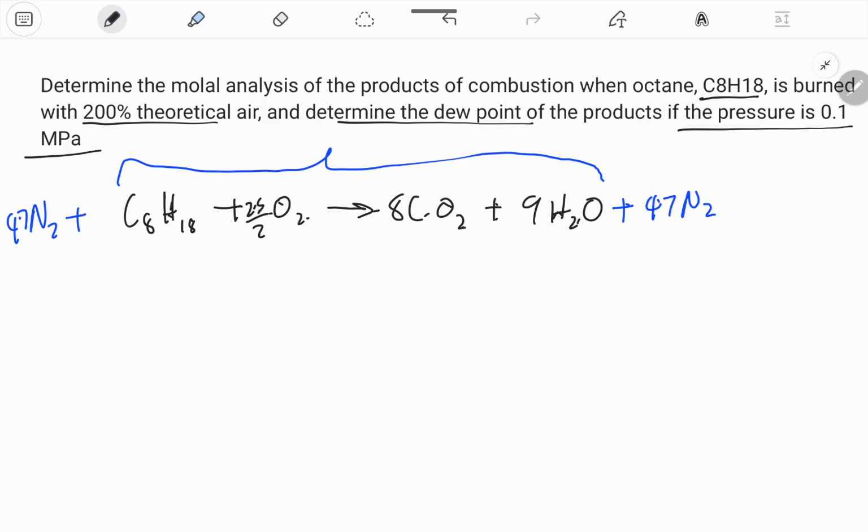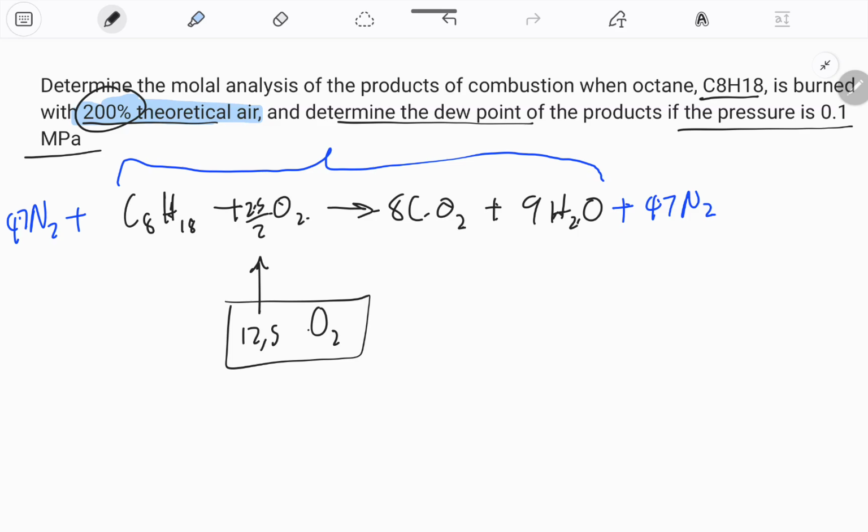So we know that it's given that we have this much air. For the reaction to be fully combusted, it needs 12.5 moles of oxygen. If we're giving it 25, we're giving it 2 times what it needs.